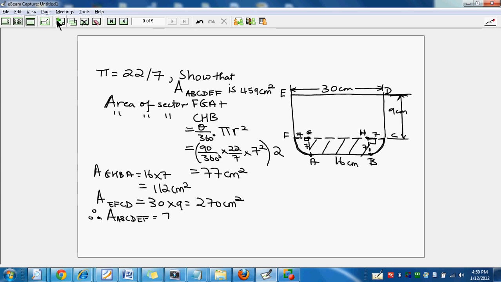We just add them up: the 77 plus the 112 plus the 270, and what we get is 459 cm squared, and that is what we were asked to prove up here. Once you reach that part, all you do is put your double arrow like this, and that means we have proven what they asked us to prove. When you add up the areas, this is what you will get.